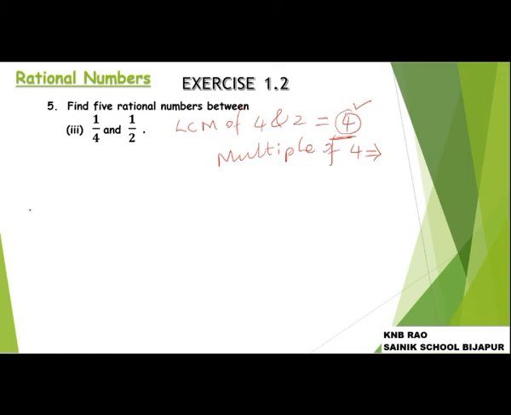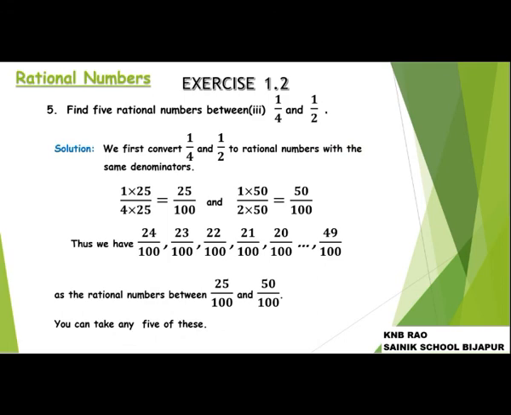You can easily write as many rational numbers as you want between them. Here, for my comfort, I have taken 100 as the multiple of that LCM 4, written 1 by 4 as 25 by 100, and written 1 by 2 as 50 by 100.